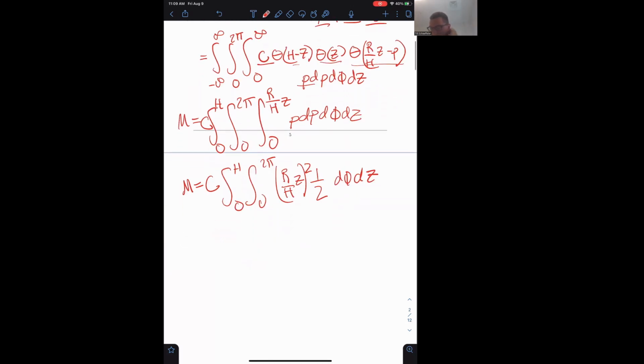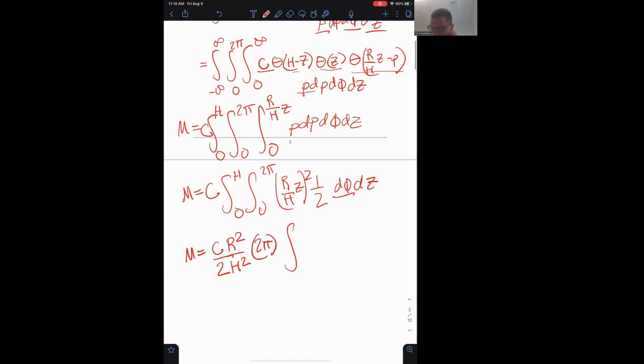We can pull out some of the stuff again that's constant. So we have C r squared divided by h squared times 2. Then this next integral has no phi dependence, so that's just going to give us a 2 pi. And then what's left is the integral from 0 to h of z squared dz.